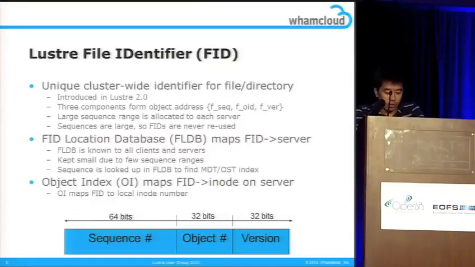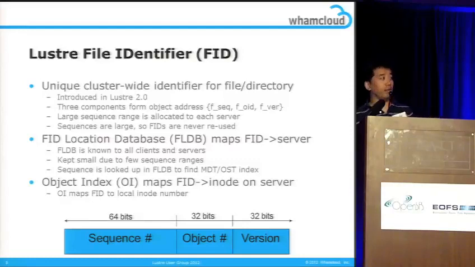Currently, only the sequence and OID are being used. The version is just 0 right now, and each sequence has 128,000 objects. There's one sequence controller over the whole file system, and initially when each target starts, it will request a big range of sequences from the sequence controller.